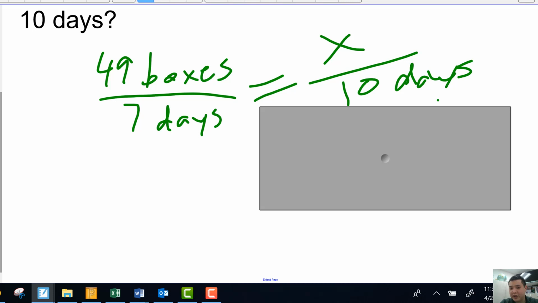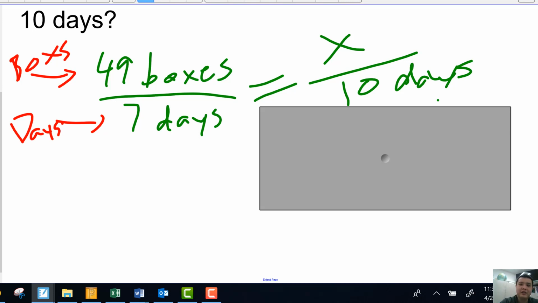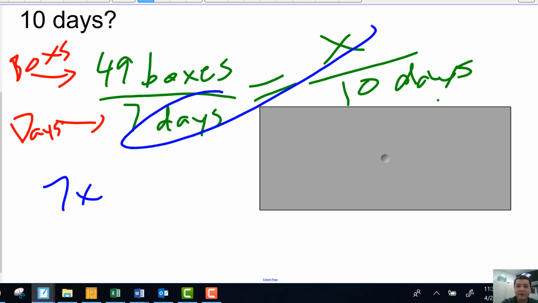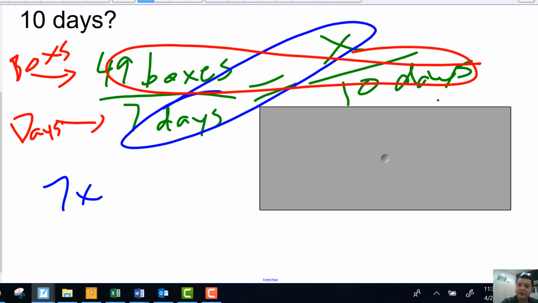So we set up the proportion like this. This is the number of boxes sold. This is the number of days. We started off with 7 days, but we're asking for it in 10 days. So, we do the cross products, which is 7x from right here, and then 490 from right there. So it equals 490.